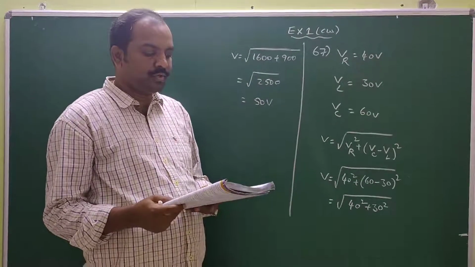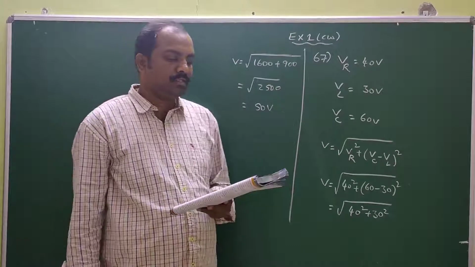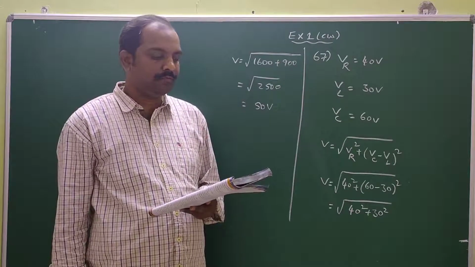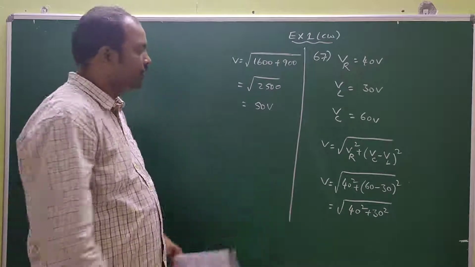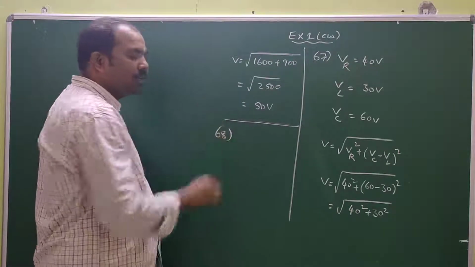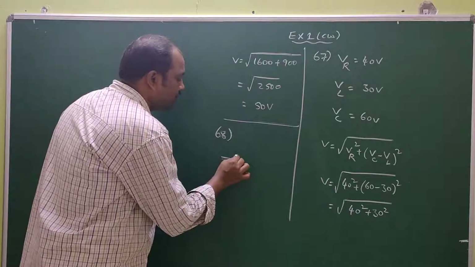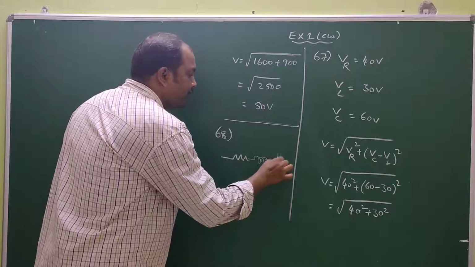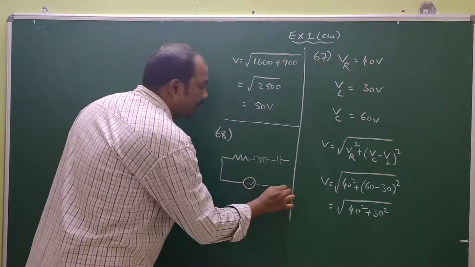Now next question 68. A series LCR circuit is given in the figure. The current through the circuit is? That is question number 68. An LCR series circuit, in which a resistor, inductor and capacitor are connected in series to an AC source.